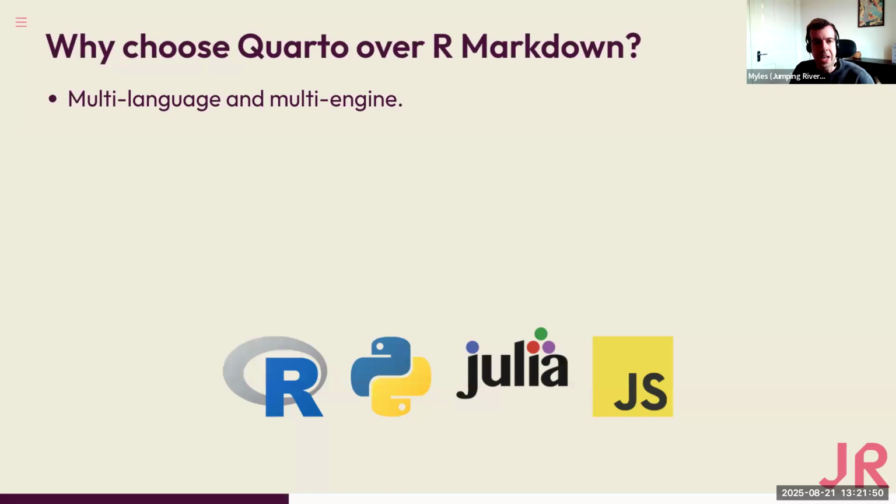And it does have a number of different engines for actually running the embedded code within the document. So with R Markdown, you technically could have Python code embedded in the document, but R Markdown was really using Reticulate to run that Python code. So it was actually using R to run the Python code. With Quarto, you've got multiple engines. So you've got knitr for executing the R code, and you've got Jupyter for executing the Python code.